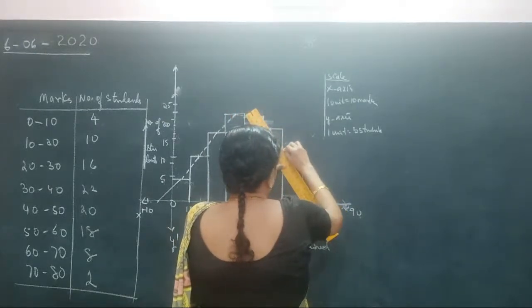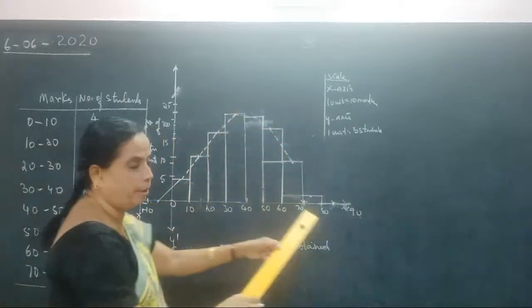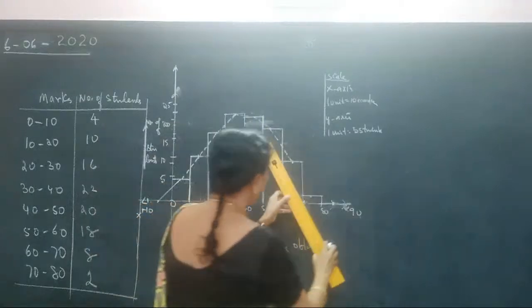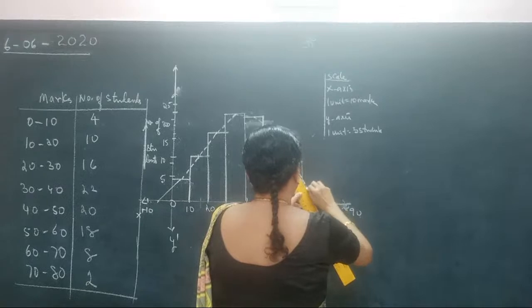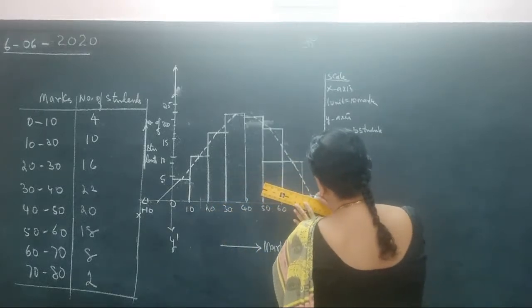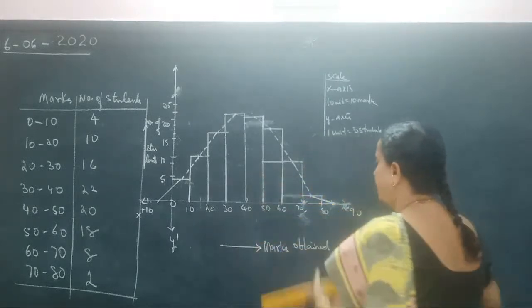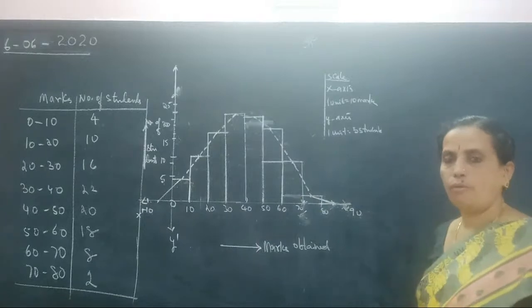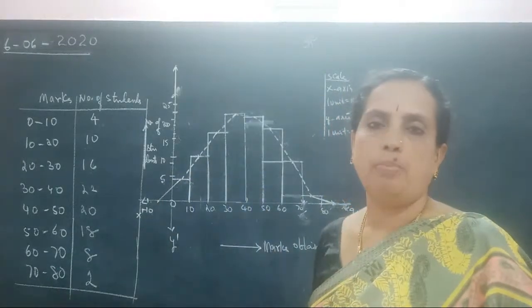So here the frequency polygon joins from midpoint to midpoint. I am joining the midpoints of all the boxes I have taken for the histogram. Finally, it will end at the next midpoint on the x-axis. This is how we depict a histogram with a frequency polygon.